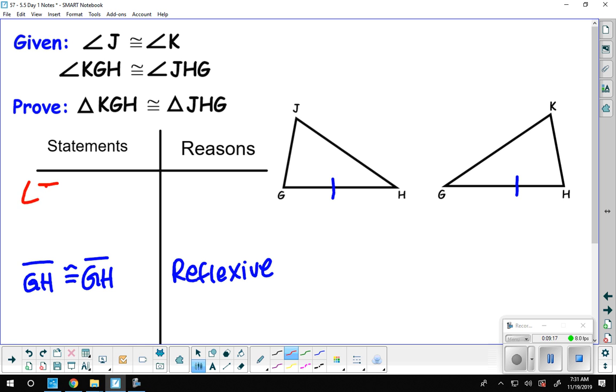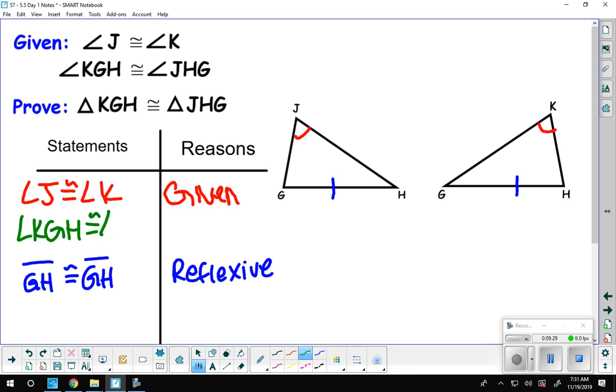We know that angle J is congruent to angle K. So I'm going to mark that in my picture. And then we also know that angle KGH is congruent to angle JHG, and that's because it was a given.